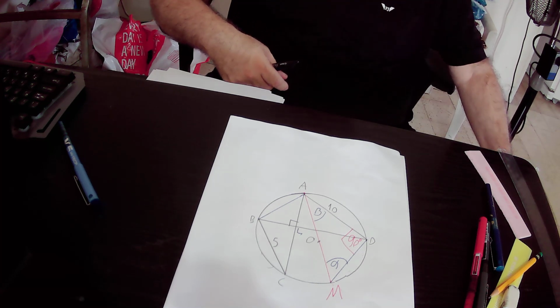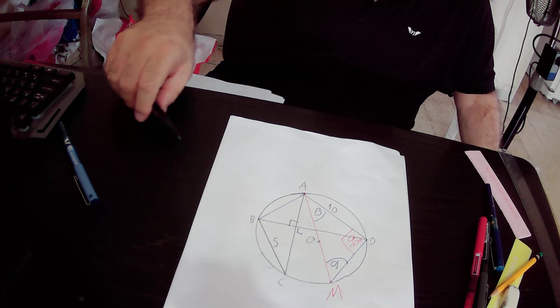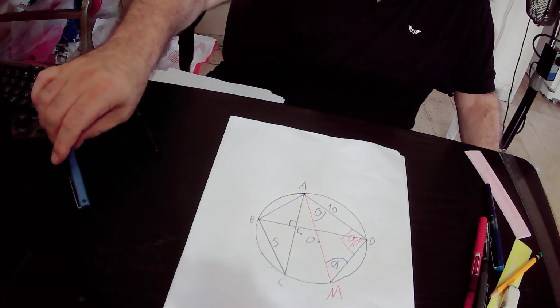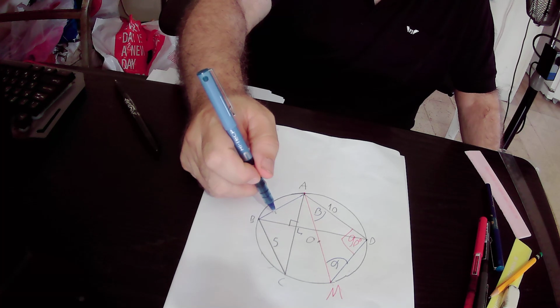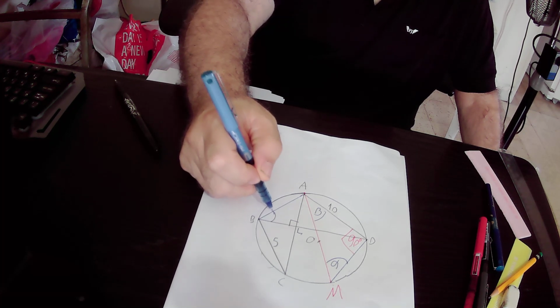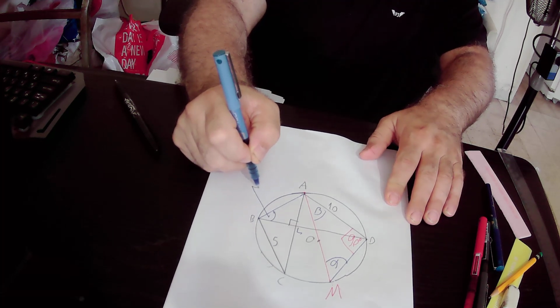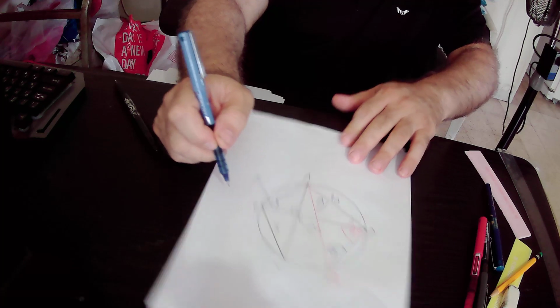So according to rule number 2, angle ABD equals alpha.